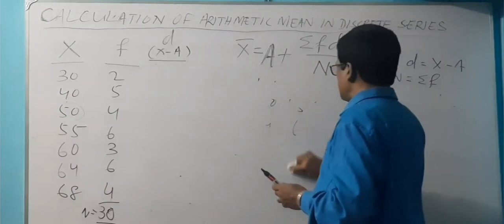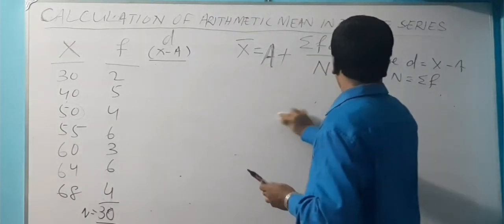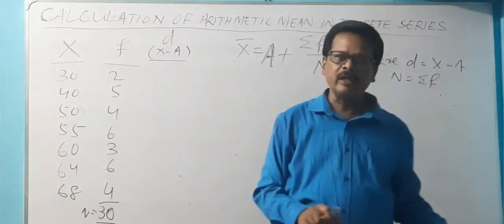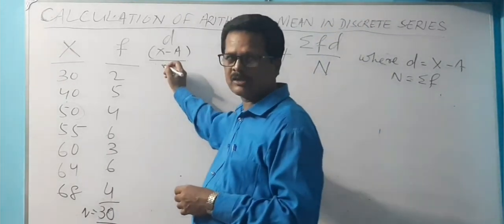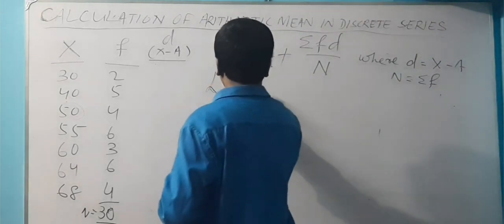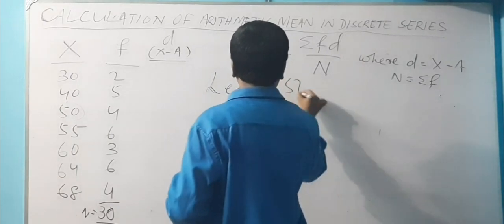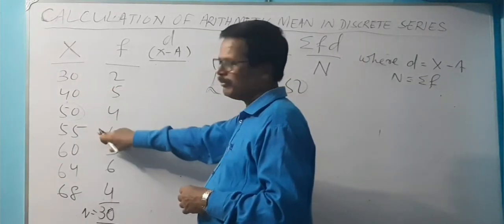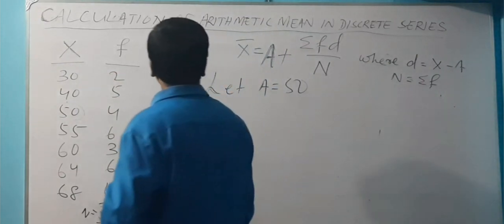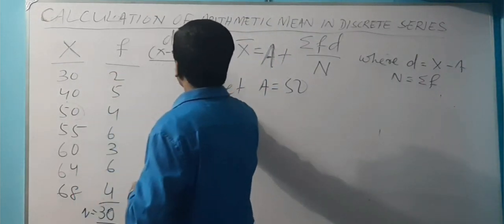We have written x values and f values in the x column and f column. To calculate d, we have d is equal to x minus a, and let a is equal to 50, near the central value of the x series. Now instead of a, write 50.